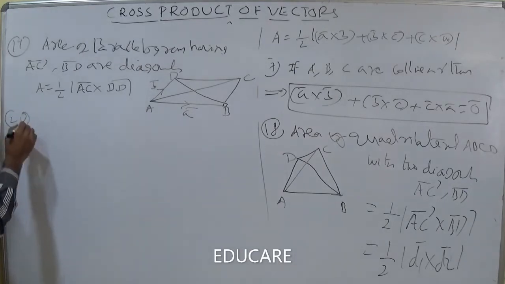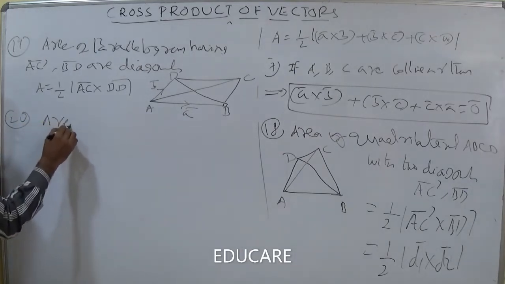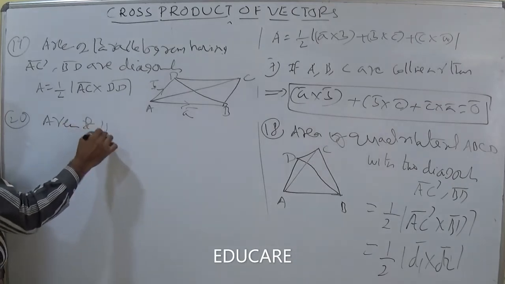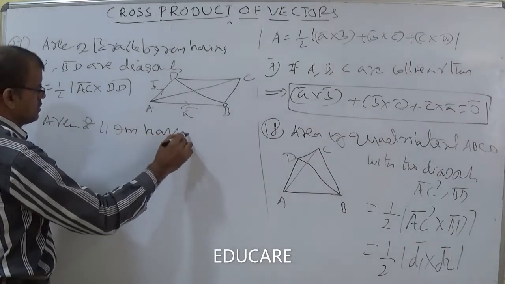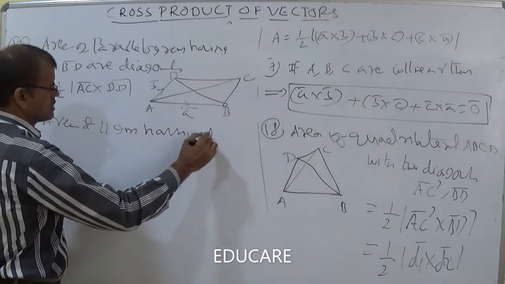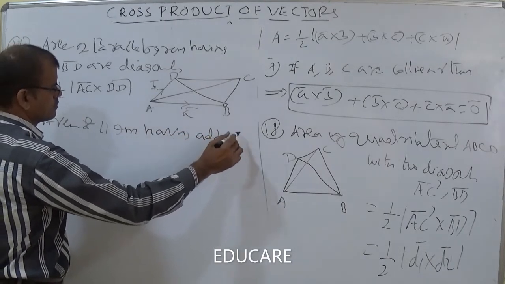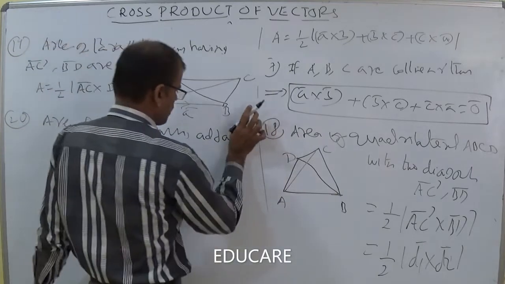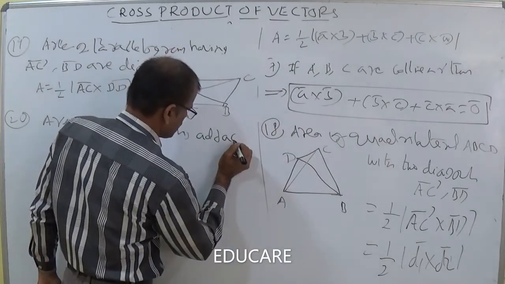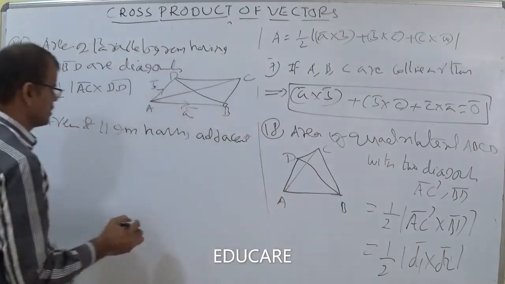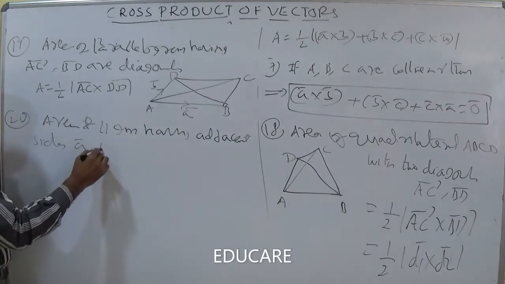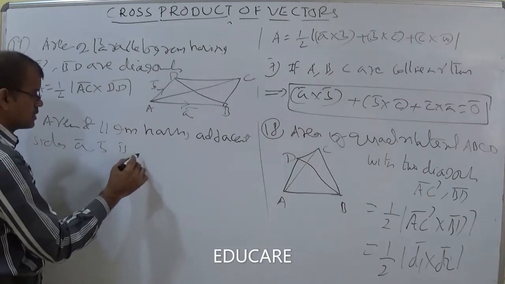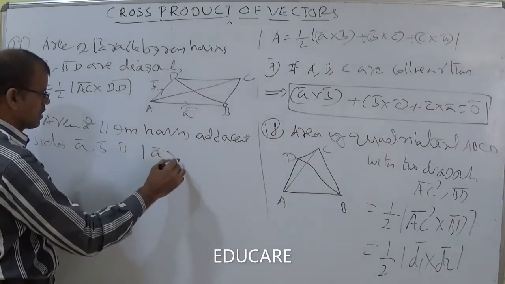Next, this is an important one: the area of a parallelogram having adjacent sides A bar and B bar is simply modulus of A bar cross B bar.